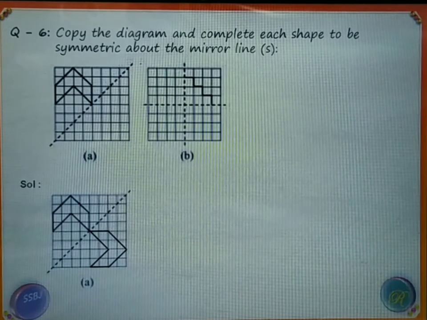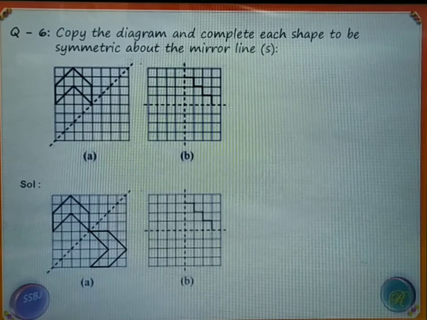Figure B. Take the copy of that figure and complete the figure to make it symmetric.